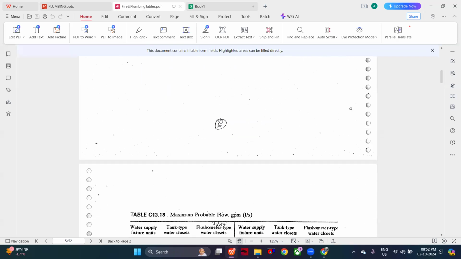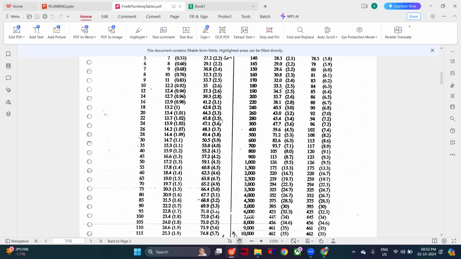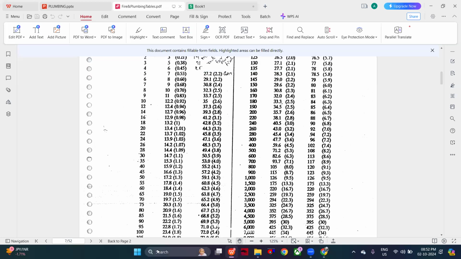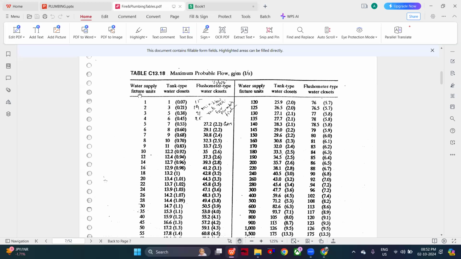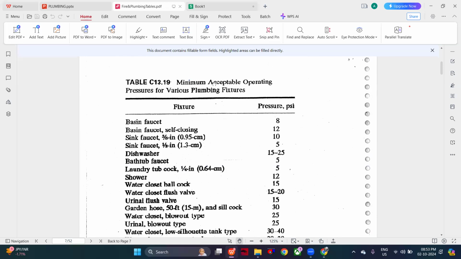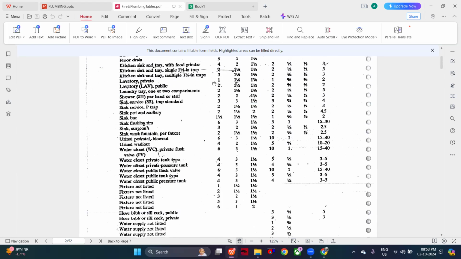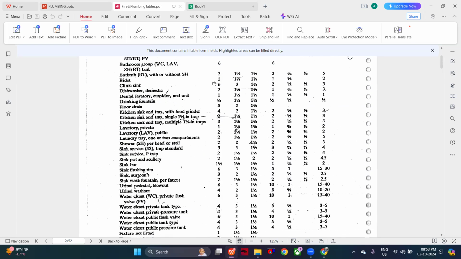using this table, page number 7. These are the water supply fixture units. If you use this table, this is for the individual flow rate.